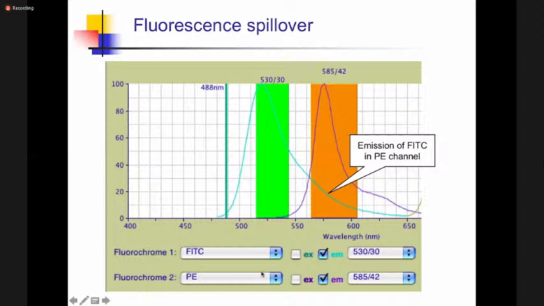If you have got phycoerythrin known to be exciting at 585 nanometer, or fluorochrome FITC is exciting at 530, you cannot interchangeably mark your antibody with PE when you are targeting to analyze a molecule which is exciting at 530. PE is known to show excitation at 585 and above.